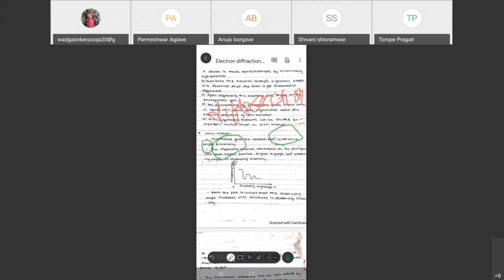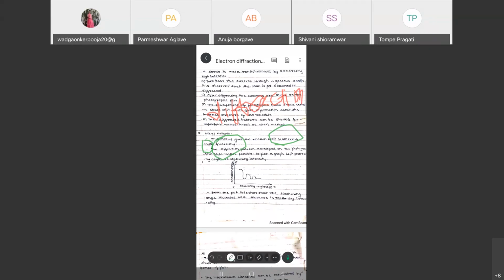Now, you may ask me, ma'am, what is scattering angle and what is scattering intensity? To explain this, first of all, you must know how the diffraction pattern takes place. Everybody is well acquainted with the diffraction pattern of electron diffraction, which we learned in our previous class.